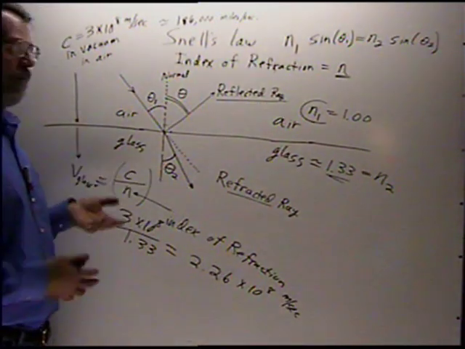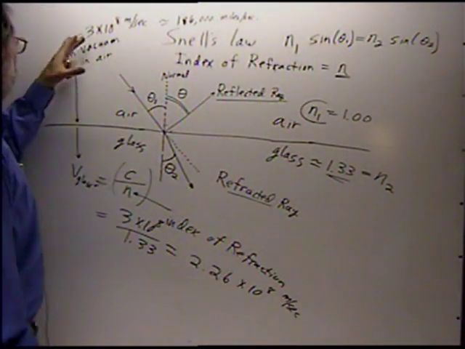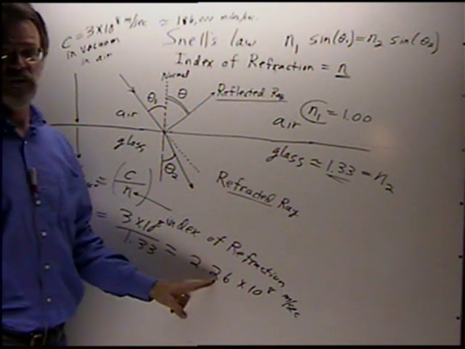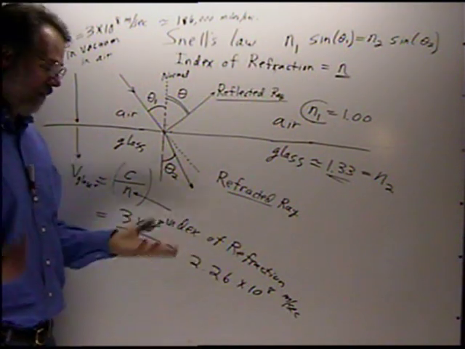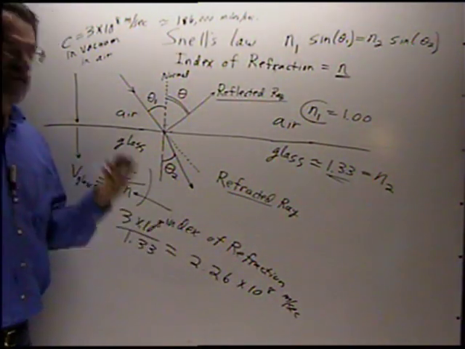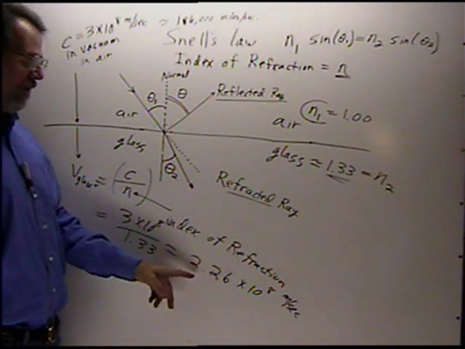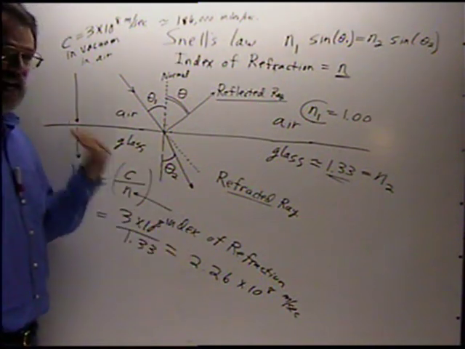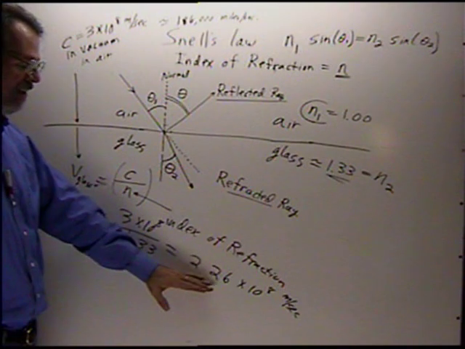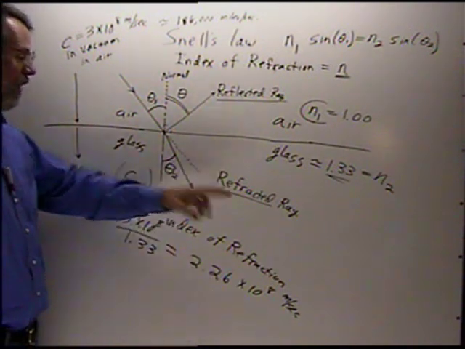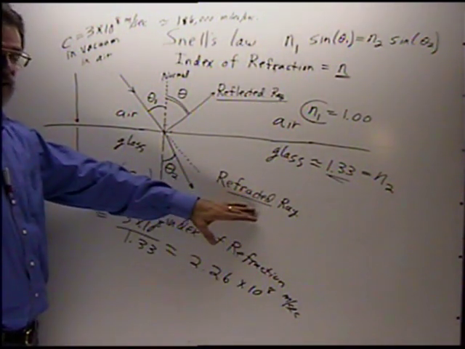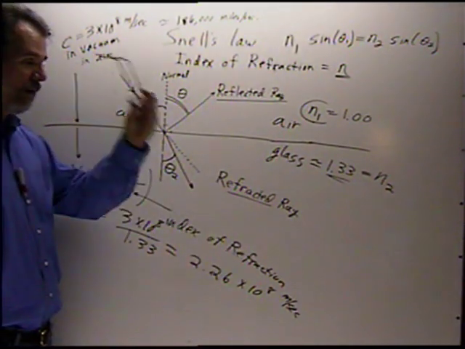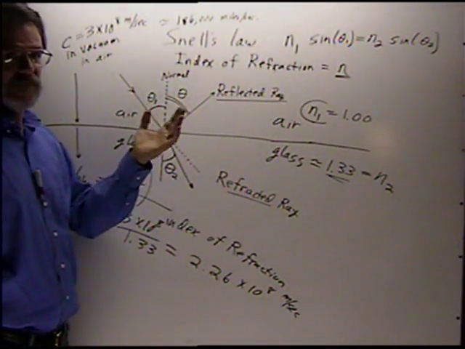Now you may think, well, what's the big deal? I mean, this is super, super fast. This is still super, super fast. Why do I care? Well, this property of the speed of light slowing down makes a dramatic effect. If the speed of light did not slow down, we would not have a refracted ray, lenses wouldn't work, optics wouldn't work.